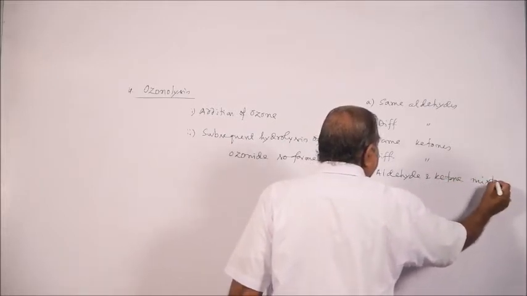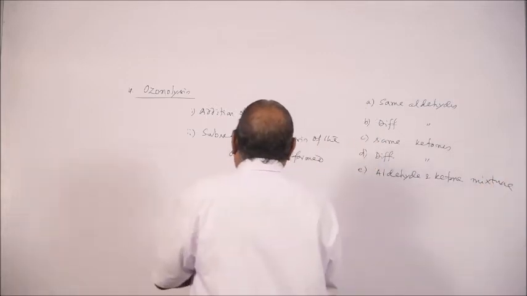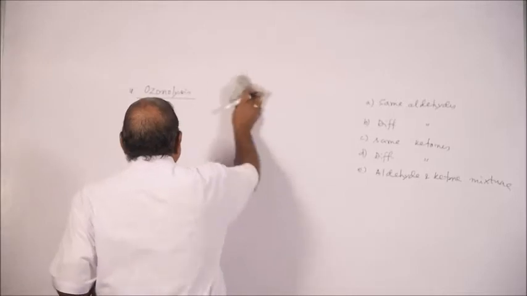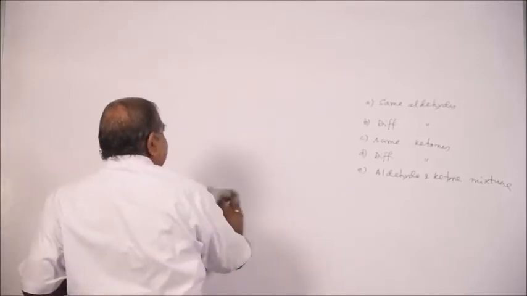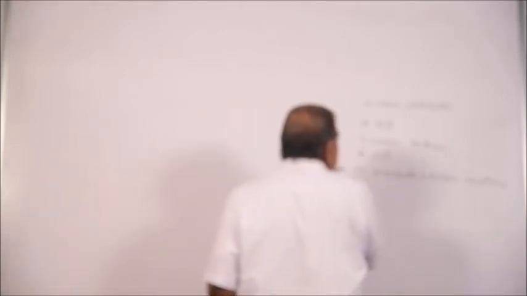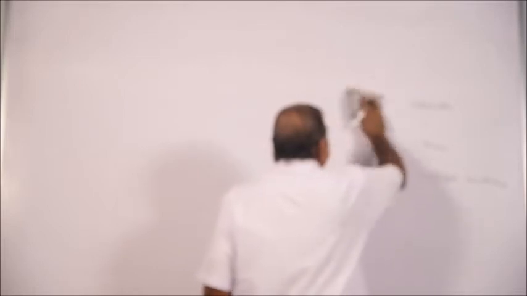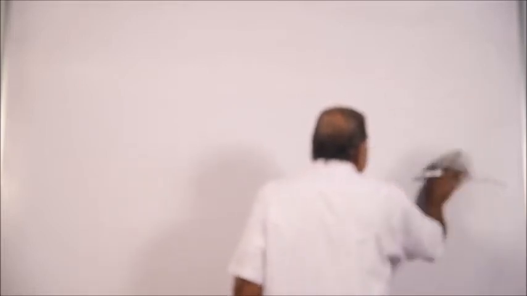So, you will get a variety of products on ozonolysis of different alkenes. It can give you same aldehydes, different aldehydes, same ketones, different ketones, or an aldehyde-ketone mixture. I am illustrating it with examples.